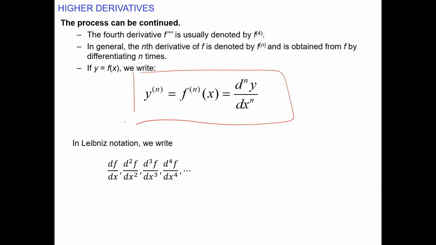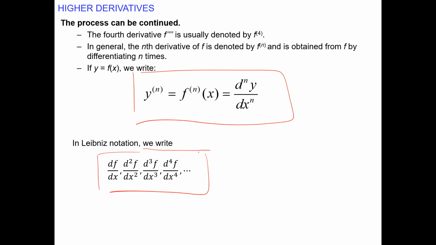And we can differentiate infinitely many times. The functions that are differentiable infinitely many times are quite important in mathematics, because later we will need the nth derivative of the function. That's why we have to make sure that this function is differentiable infinitely many times. And that's the notation we have to know. First derivative, second, third, fourth, and so on.